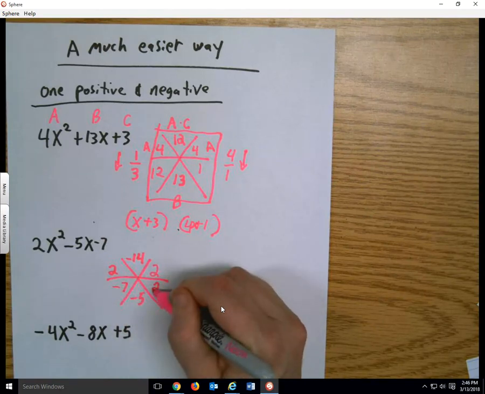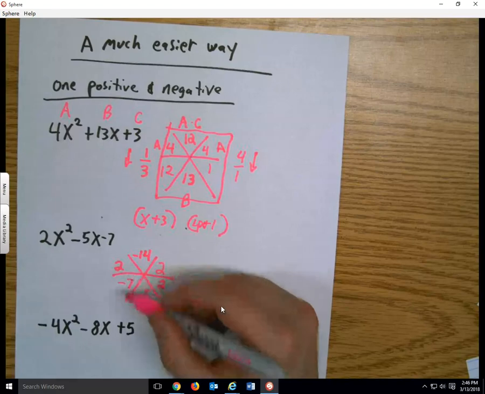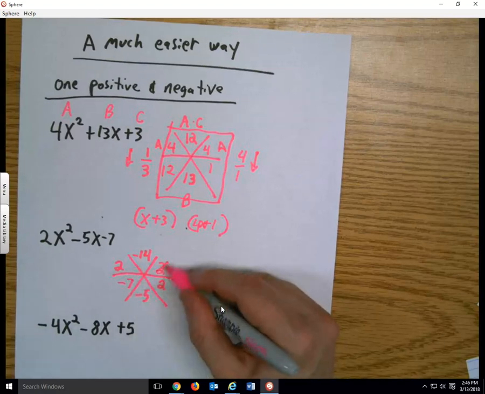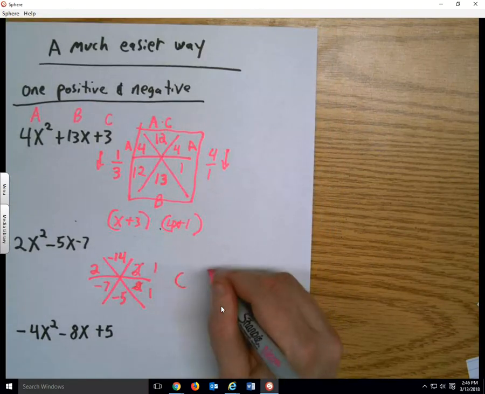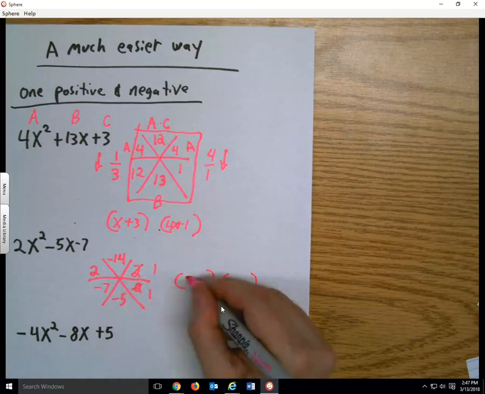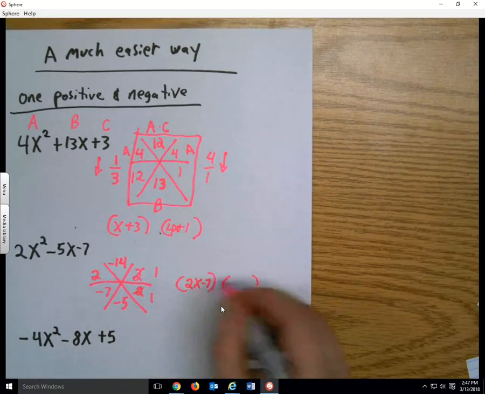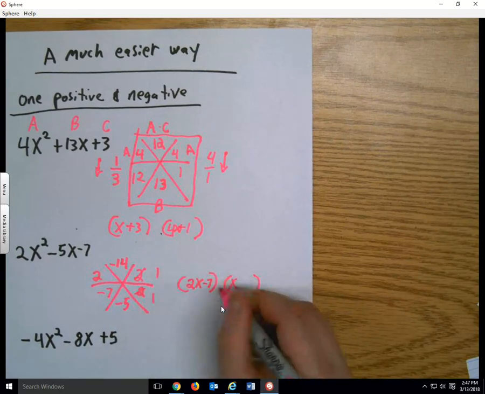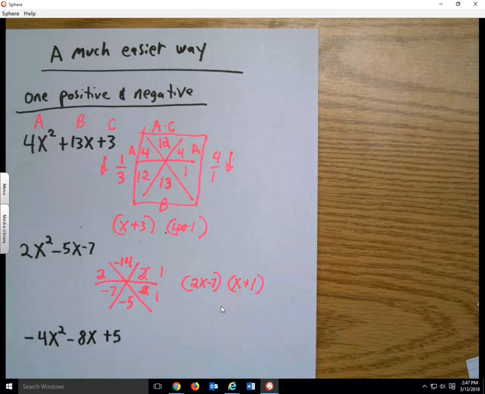Negative 7 times 2 is negative 14, and negative 7 plus 2 would be a negative 5. Now we're going to simplify. These can't be reduced. They're already simplified. But 2 over 2 can be reduced to a 1 over 1. Then we're going to write the answer in the order we see it. 2x minus 7. 1x plus 1.